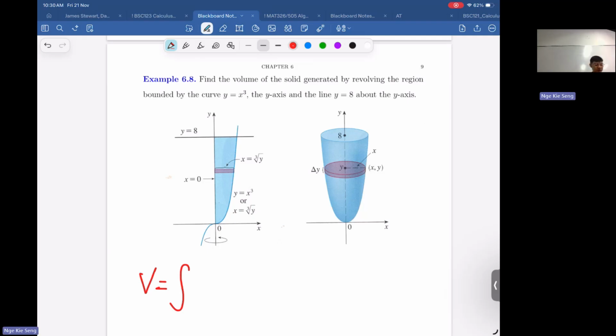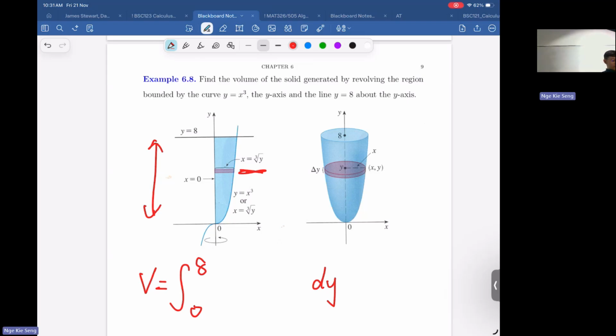Along y. Yeah, x equals cube root of y. Sure, so this is the function we look at. So what's your integration domain? From 0 to 8, y?